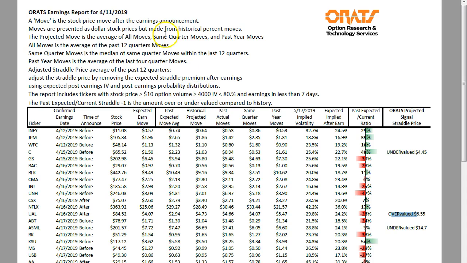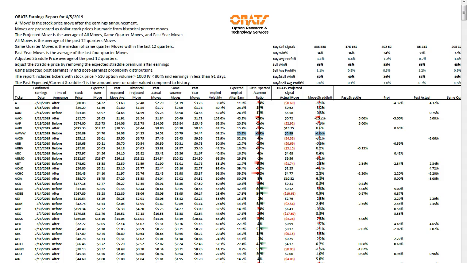I'd like to now turn to, how well did it do? So this is the earnings move summary report, we call it, and we go through all of the stocks that we cover. The stocks have to be at least $10 in price, have option volume of at least 1,000 for all the contracts, have an implied volatility less than 80, and earnings in less than 91 days.